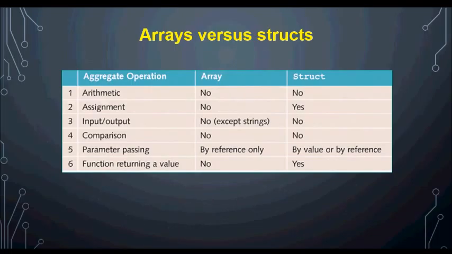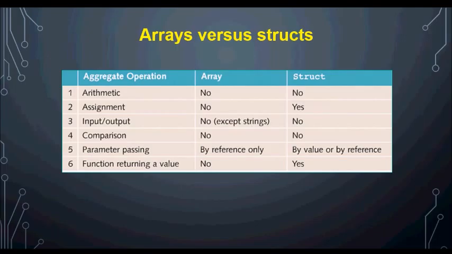For the comparison of arrays and structs, for aggregate operations, arithmetic is not allowed in an array and not in a struct. For assignment, there's no in array, but there's yes in struct. For input and output, in array, there's none except for strings.